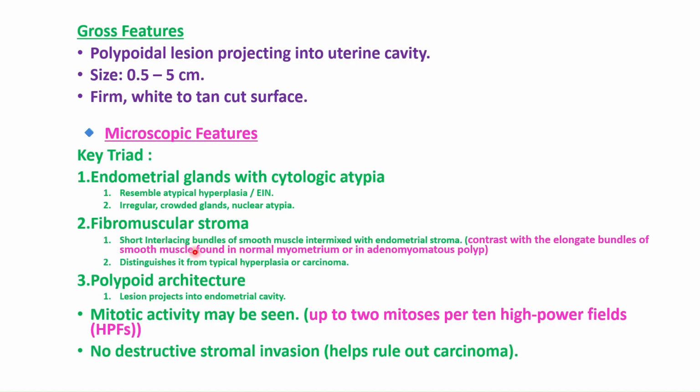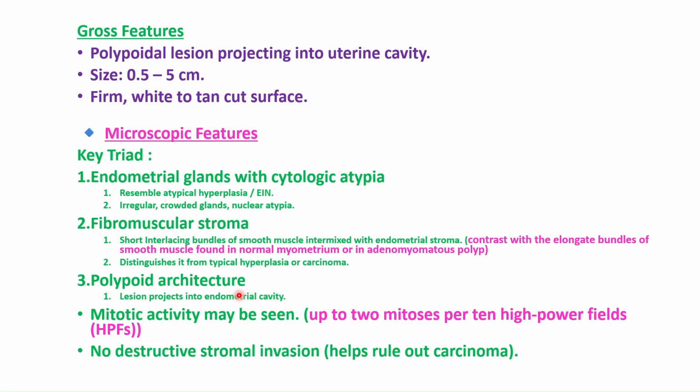Muscular tissue is also present in normal myometrium or in an adenomyomatous polyp, but in this area, we can see elongated bundles of smooth muscle cells and the characteristic short interlacing bundles of smooth muscle intermixed with endometrial stroma present in APA. So normally they are elongated bundles, but in APA there are short interlacing bundles of smooth muscle, and this distinguishes it from atypical hyperplasia or carcinoma.